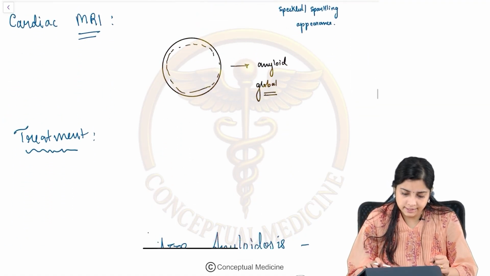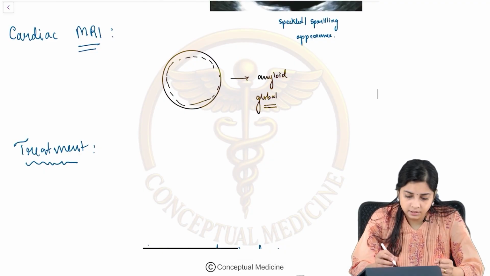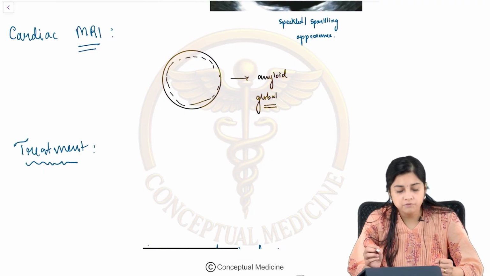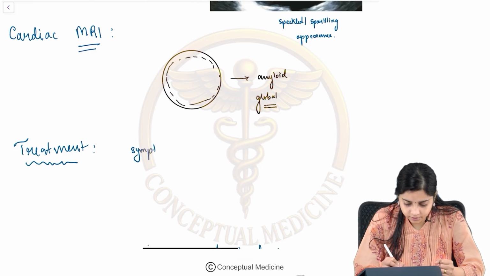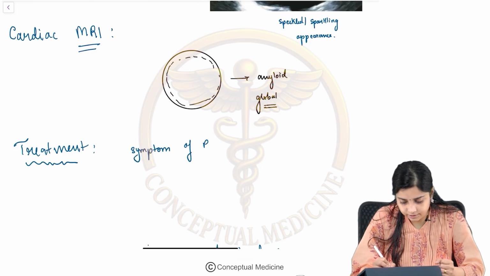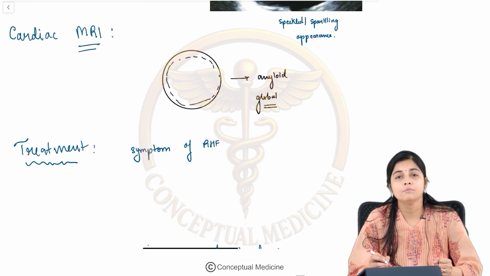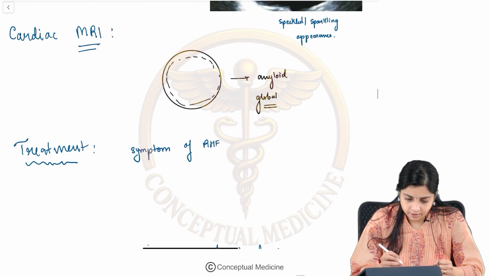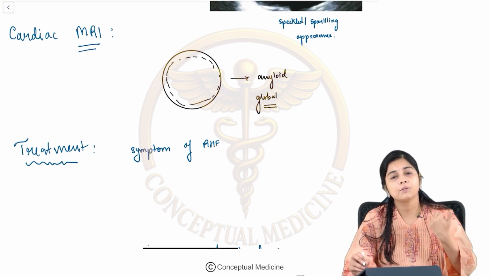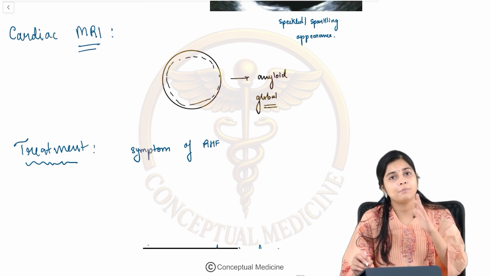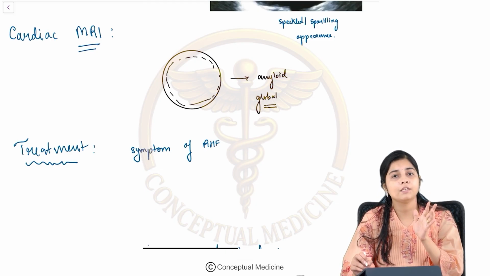So what is the treatment of restrictive cardiomyopathy? When it comes to the treatment, you have to treat the symptoms of right heart failure. Many times it will be associated with pulmonary hypertension, because the left atrial pressure causes a backward pressure to increase pulmonary capillary wedge pressure.